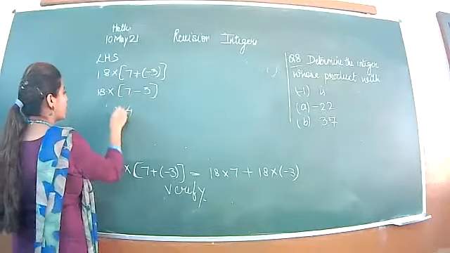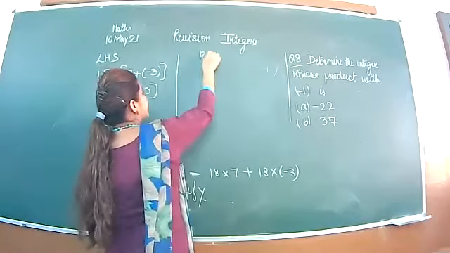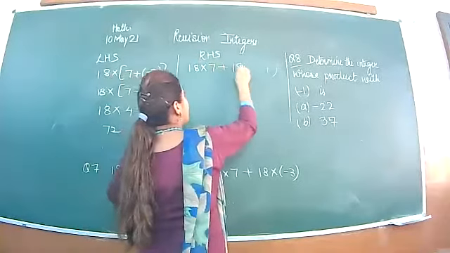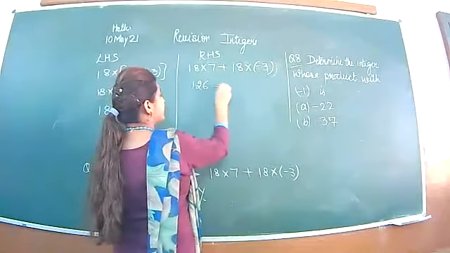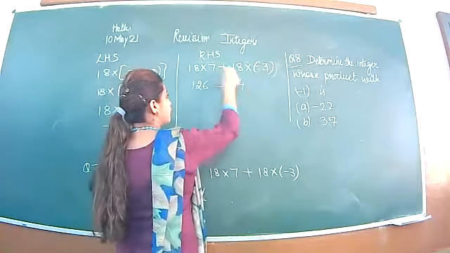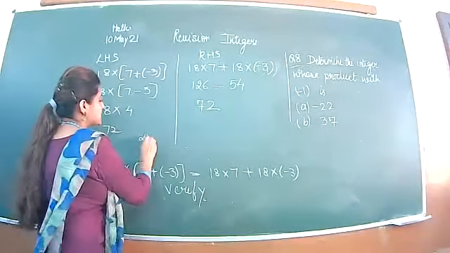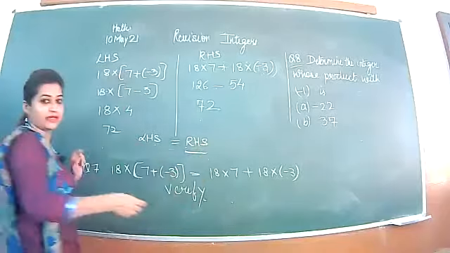This will give you 4, and 18 fours are 72. On the right hand side, you have 18 into 7 plus 18 into minus 3. 18 sevens are 126, 18 threes are 54, plus minus minus, and the answer is 72. So yes, left hand side is equal to right hand side, hence verified.